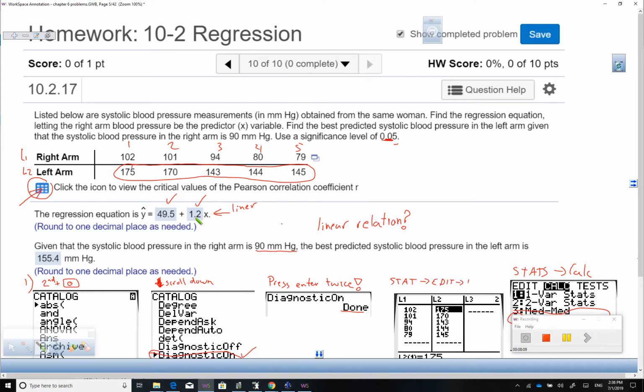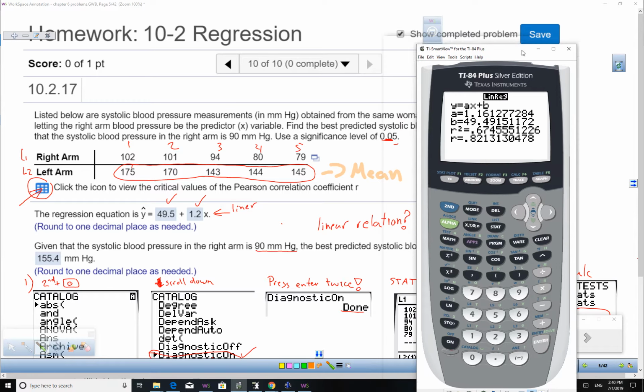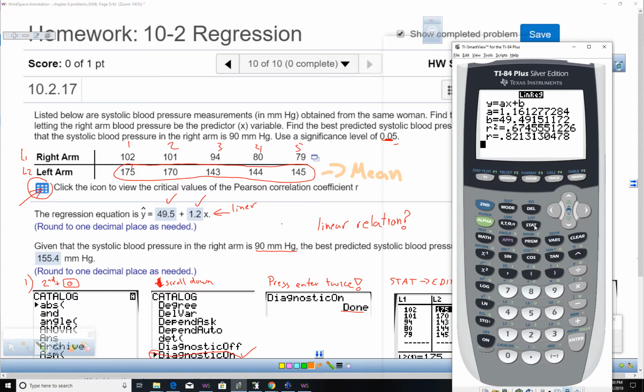So what you have to do is take the mean of these numbers. You can just add these numbers together and divide by 5, or you can do it on the calculator, which is easier. Press stat, then go to calculate on the right side, and choose number 1, which is 1-Var Stats.